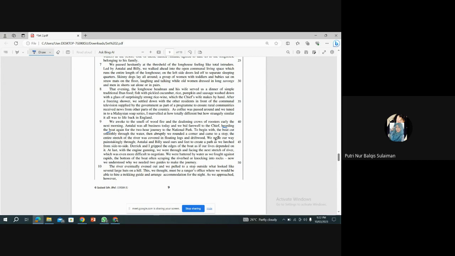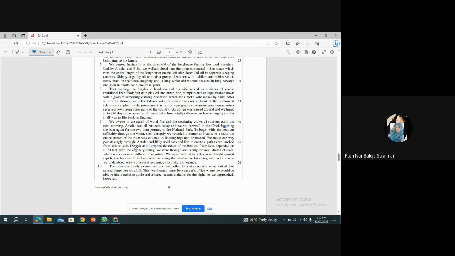We made our way painstakingly through. Antalay and Billy used oars and feet to create a path as we lurched from side to side. Derek and I gripped the edges of the boat as if our life depended on it.